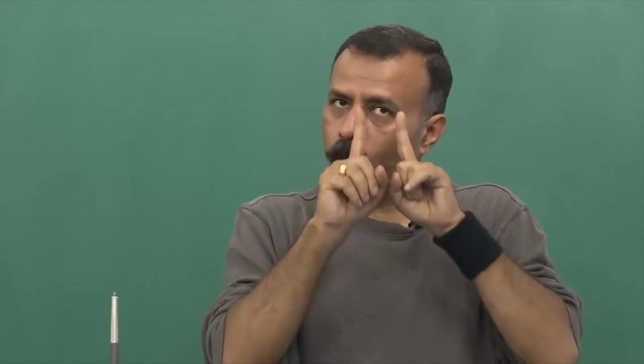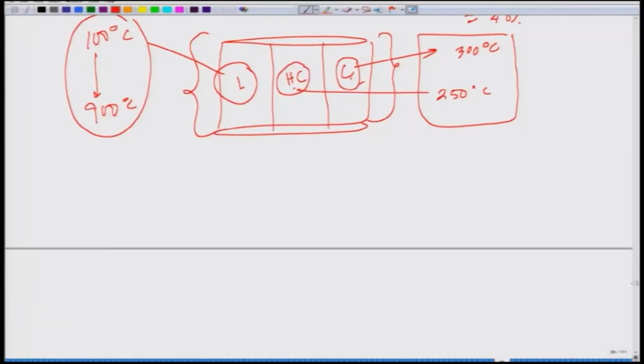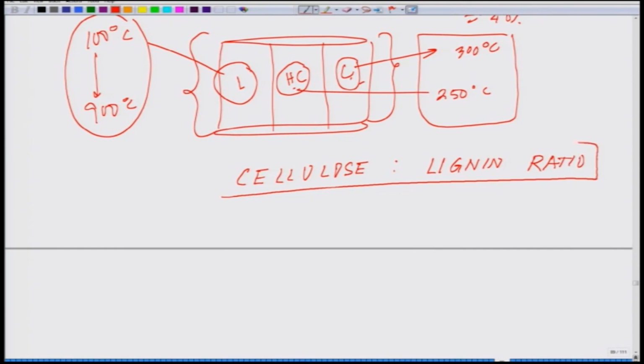So, that is why it is always said, and coming to the slide, that the cellulose to lignin ratio is critical. This ratio determines the efficiency of decomposition and how much energy we really need to spend on it.